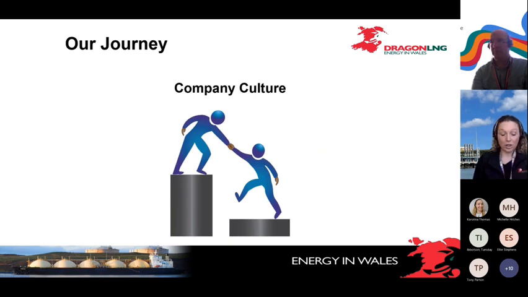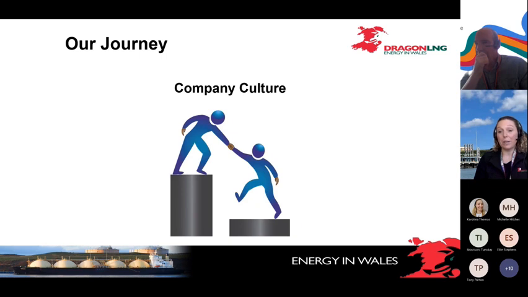So our company culture, we start as we mean to go on. With our culture, we've been developing our core values as one of our business priorities this year. We've started our journey using focus groups from across the organisation to look at how we do business and how we want to do business. So having great values is going to help us guide decision making, clarify acceptable and unacceptable behaviours, articulate what we stand for to others.